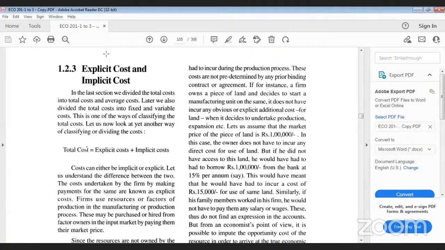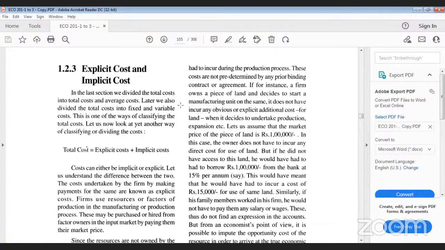Hence, the resources or factors of production used in the manufacturing or production process may be purchased or hired from factor owners in the input market by paying them their market price.